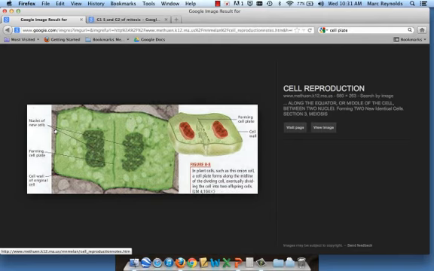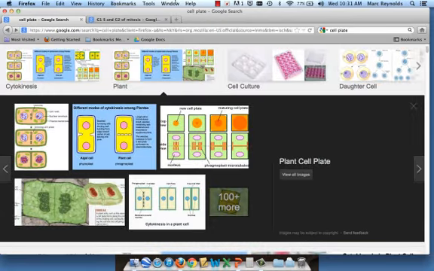There's a cell membrane and a cell wall here, but what's forming here is a big band of cellulose, which is going to form the cell wall. This is called the cell plate right now. The cell plate is cellulose being synthesized, and it's going to form the cell wall that separates these two cells. So in plant cells, a cell plate is formed.